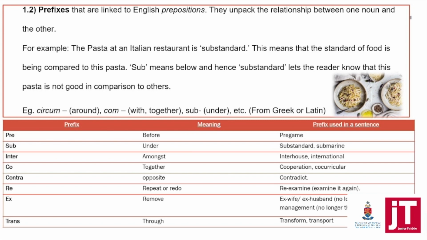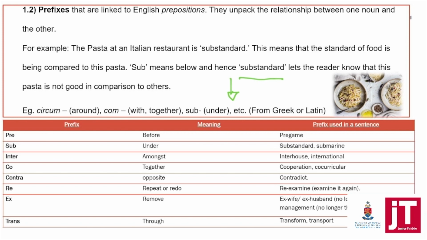For example, the pasta at an Italian restaurant is substandard. That's what someone says. This means that the standard of food is being compared to this pasta, and sub means below. Okay, so substandard lets the reader know that this pasta is below the standard that one is used to. Okay, in comparison to others. Let's have a look at some other examples.